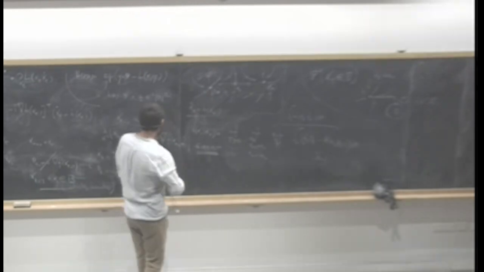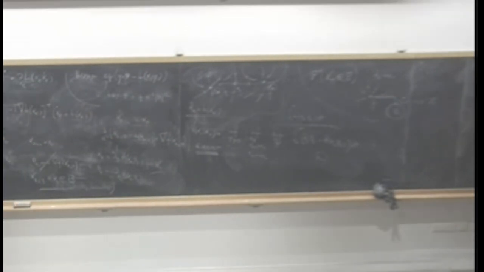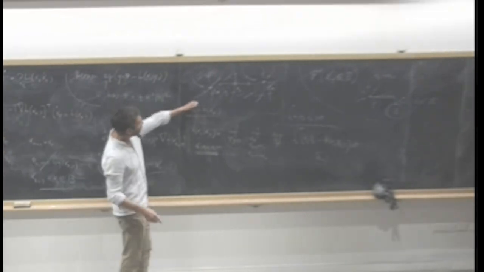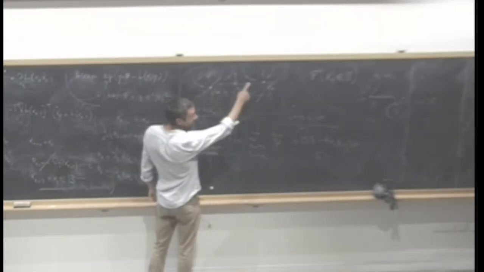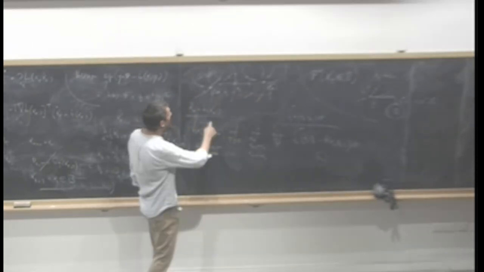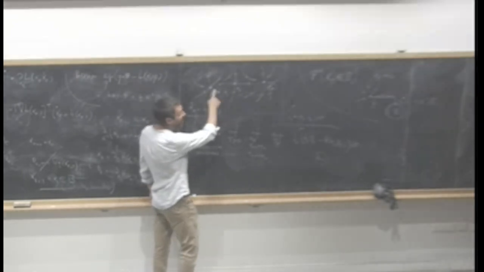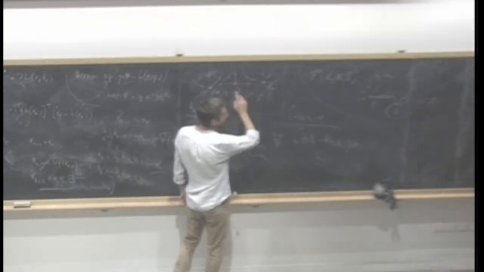If this quantity was minus the gradient of an energy, then these flow lines would simply be steepest descent flow over that energy. And this picture would then mean that there is a local minimum of the energy there, a local minimum of the energy there, and a saddle point in between here.